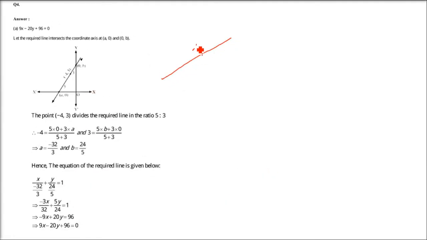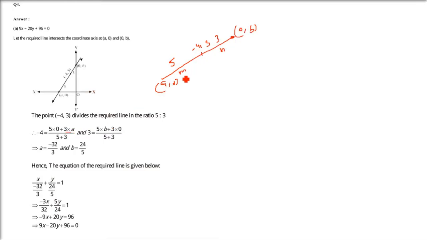If you have a line, there is the point (-4, 3). This point is (0, b), which we have assumed, and this point is (a, 0), again assumed. And we are saying this part is 5 and this is 3, so assume m as 5 and n as 3. How do we find the point which divides in 5:3?